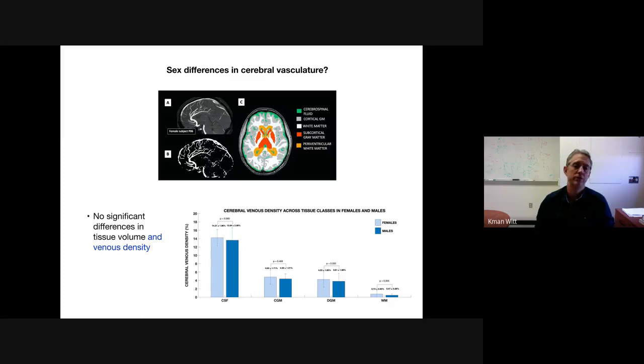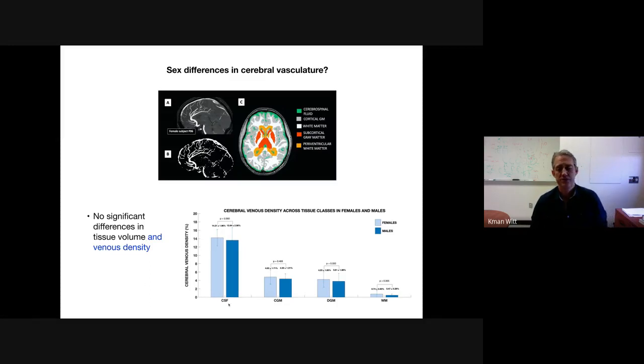So what we did is we recruited a cohort of males and females, extracted their cerebral vasculature, and quantified their vascular density, so the number of blood vessels per unit area, in different compartments of the brain shown here in this color map. So the first thing we found is that we reproduced that there were no structural differences in terms of gray matter and white matter between males and females.